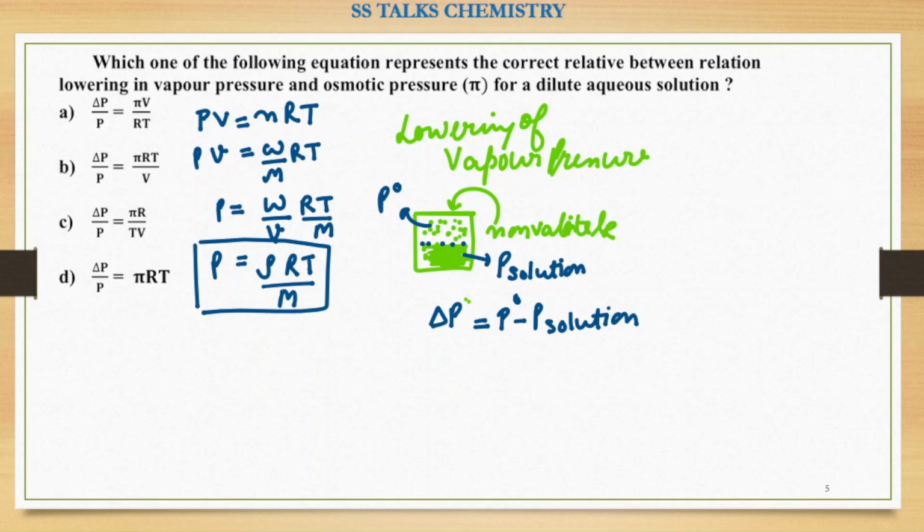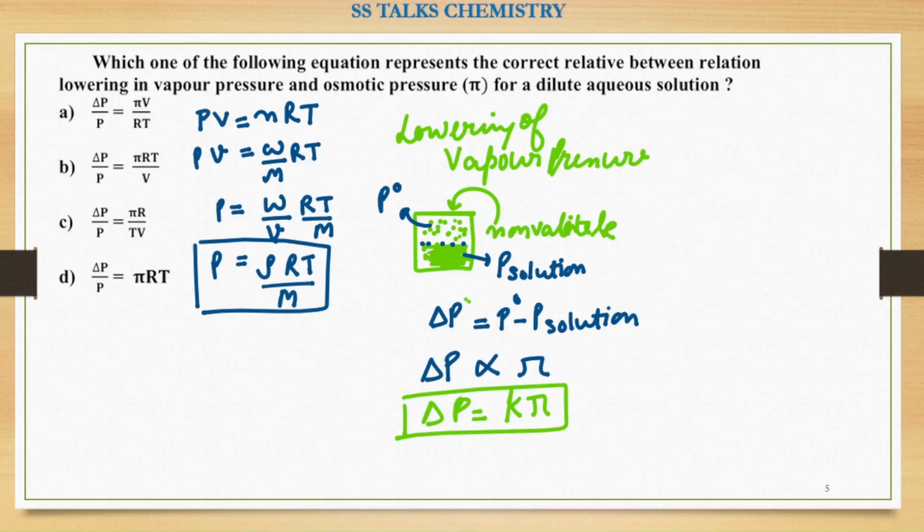So this change in the pressure is proportional to the osmotic pressure, which is pi. So we can write delta P is equal to K into pi, with K as the proportionality constant. This is the lowering in the vapor pressure, not the relative lowering.